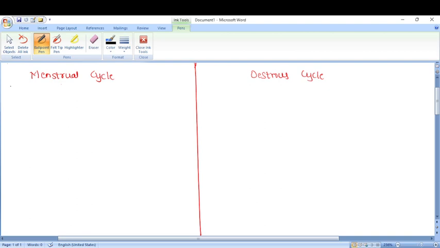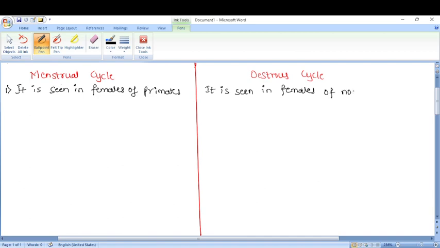First difference is that the menstrual cycle is seen in females of primates, whereas the oestrus cycle is seen in females of non-primates.